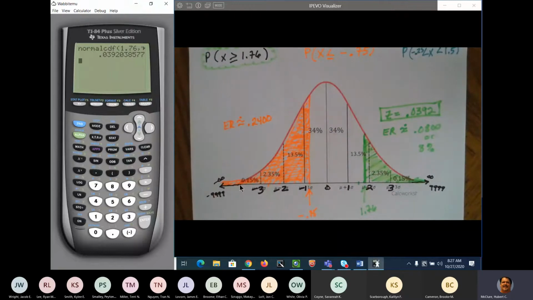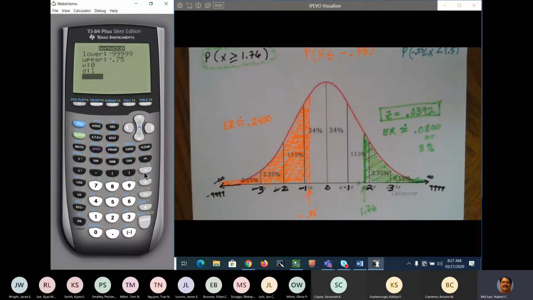So I'm going to take my handy dandy calculator. I'm going to hit second, vars, normal CDF. Which way do we read? Left to right. So negative 99999 to what? Negative 0.76 or 75.